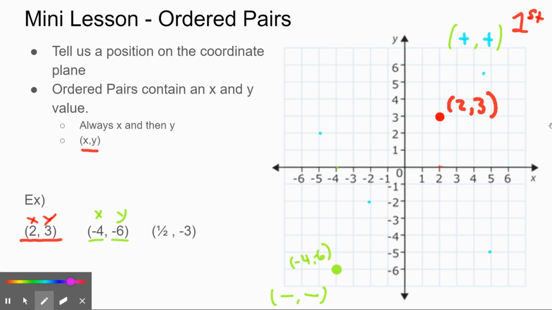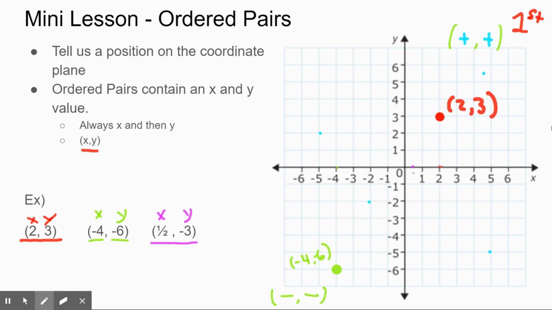Finally, we have (1/2, negative 3). We'll write down our x and y values again. And this time we have 1/2. That's not on our x-axis anywhere. But if we remember from when we were learning about number lines, we know that we can put 1/2 right in between 0 and 1, because that's where 1/2 would be on our number line. So we're going to start there.